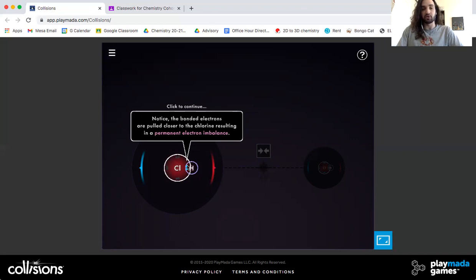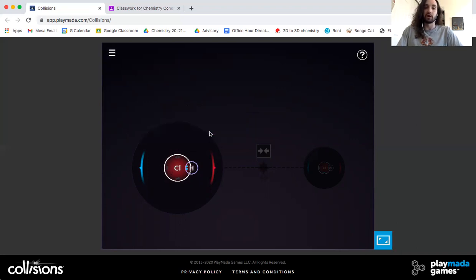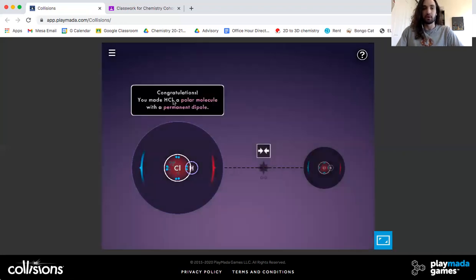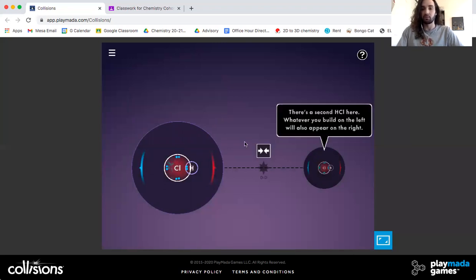That creates a permanent electron imbalance, because the electrons are closer to chlorine than hydrogen. That creates a negative side and a positive side. So congrats, we've made a polar molecule and it has a permanent dipole, meaning that the negative is always on the chlorine side, and the positive is always on the hydrogen side.